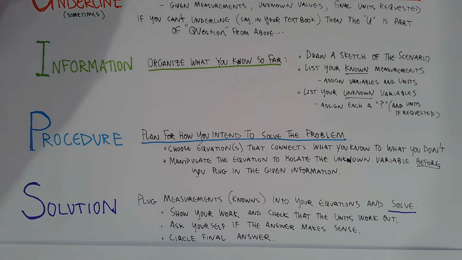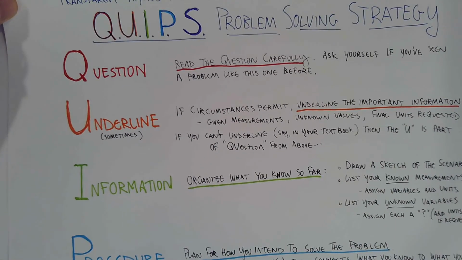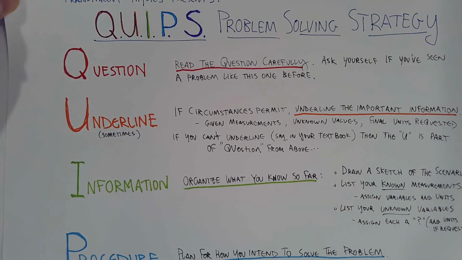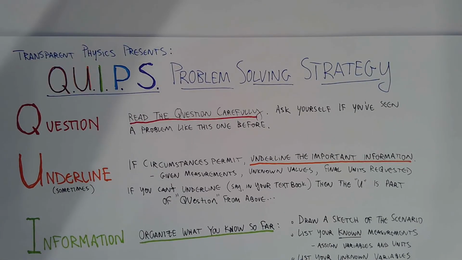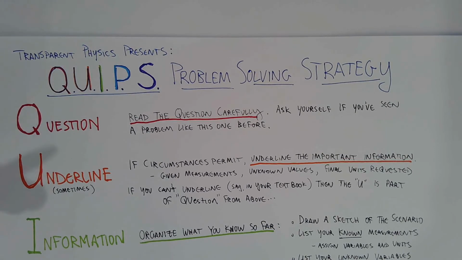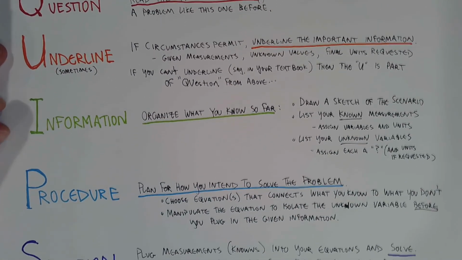So these steps together, taken in full, are a great way to get yourself situated for solving all kinds of problems. It is a technique that you can use pretty much all your way through physics. Again, you're going to read your question, underline the important information, organize the important information with variables and units, and determine your procedure.